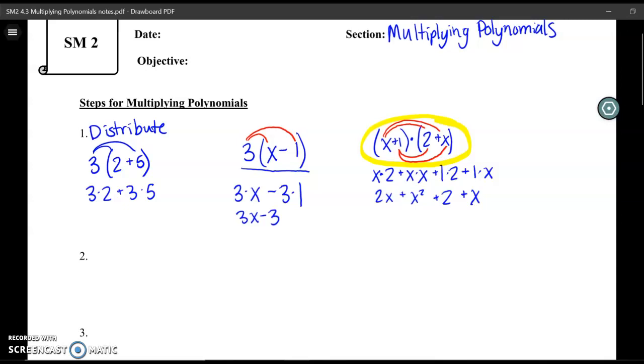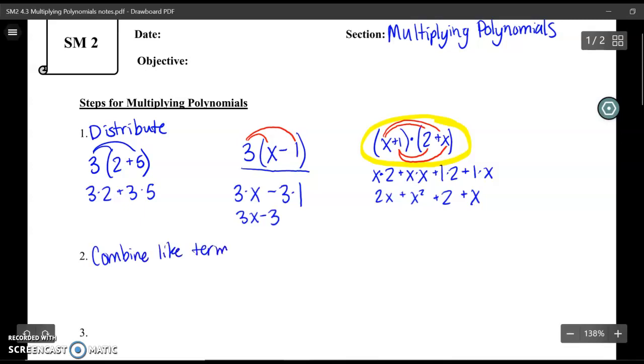Okay, my next step for multiplying polynomials is to combine like terms. This is going to look very similar to what we did when we were adding and subtracting polynomials. So let's just take a look at the example we started. In the last step, we had 2x plus x squared plus 2 plus x, right?